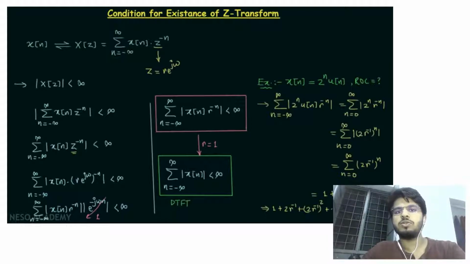So that explains to us that in the complex domain, the signal must lie outside the circle of radius 2. So that's the region of convergence for the example that was given to us.